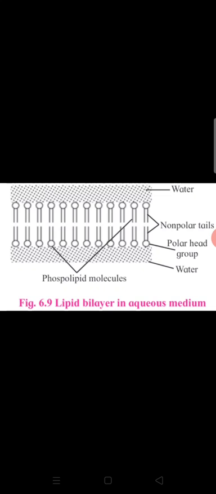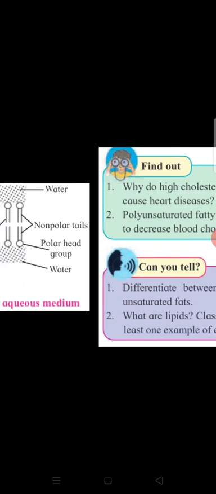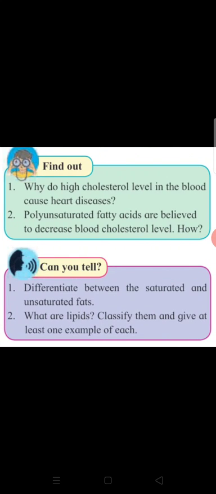It is absent in plant cells, but in plants, sterols exist as phytosterols. For example, yam plant or called Dioscorea plant produces steroid compound called diosgenin, which is used in manufacturing of anti-fertility pills for controlling birth. So here we have discussed about simple lipids, then compound lipids, then derived lipids or sterols.